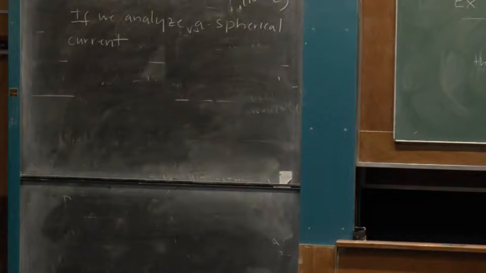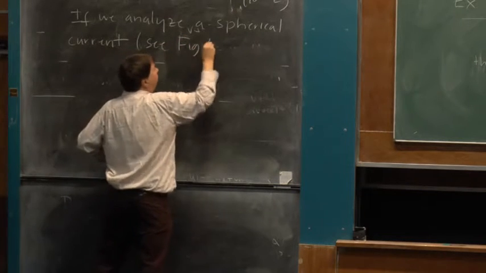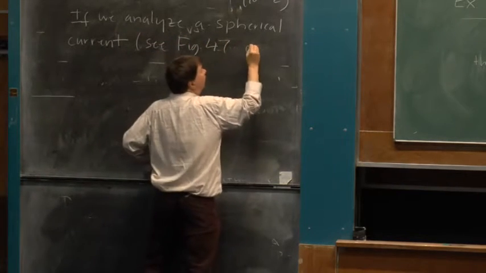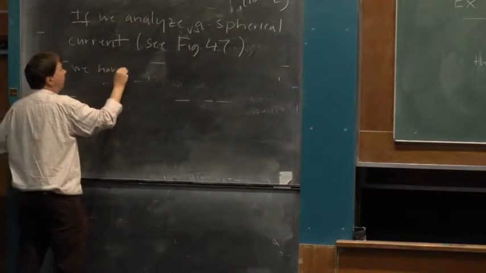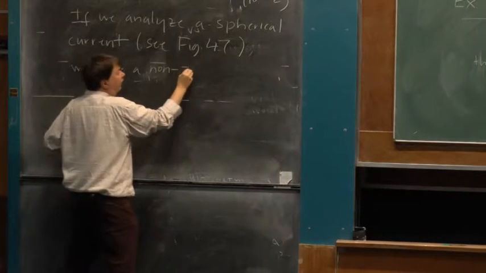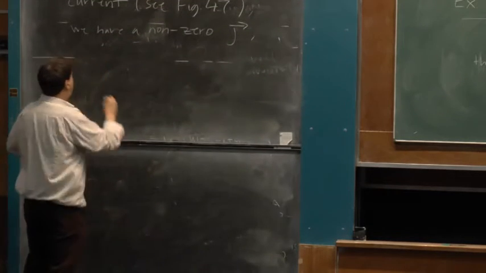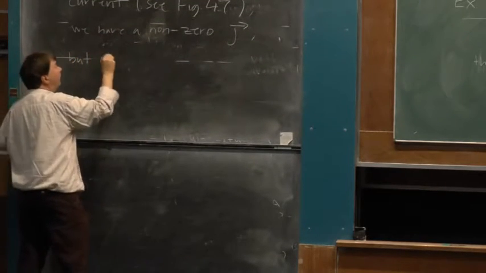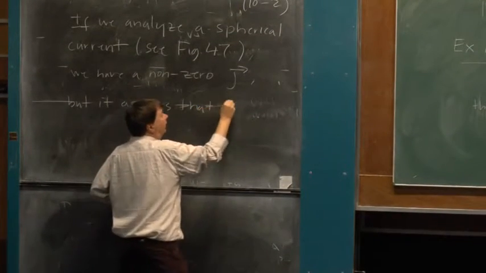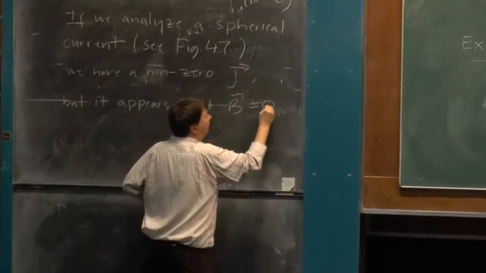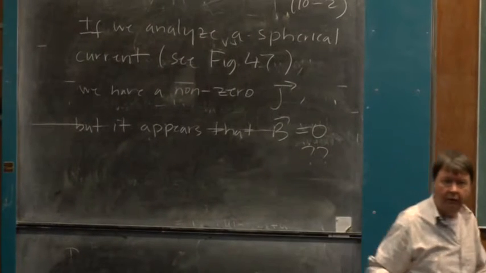If we analyse a spherical current, and this is illustrated in figure 47 of the course handout, we have a non-zero J. Obviously, we've got a current, but it appears that the magnetic field is naught. And again, this seems to be a bit of a conundrum just from Ampere's law.